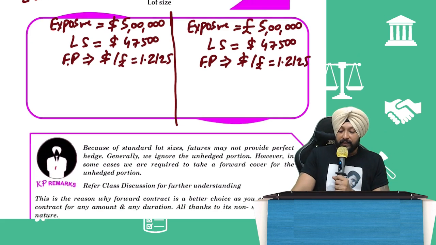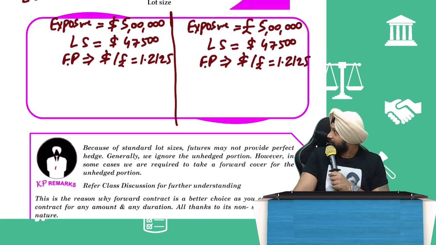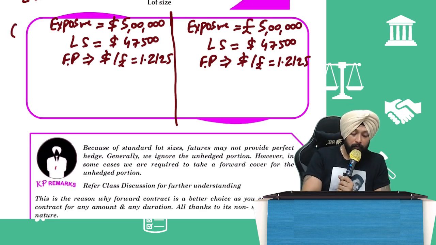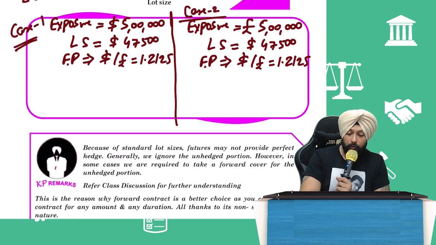In the first case, the exposure is 5 lakh pounds, lot size is 47,500 pounds, and future price is dollar per pound 1.2125. That is case 1. This is an example on case 1. This is an example on case 2.